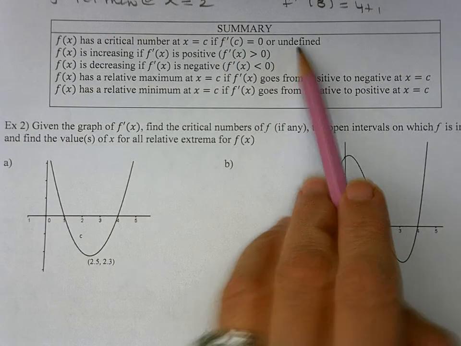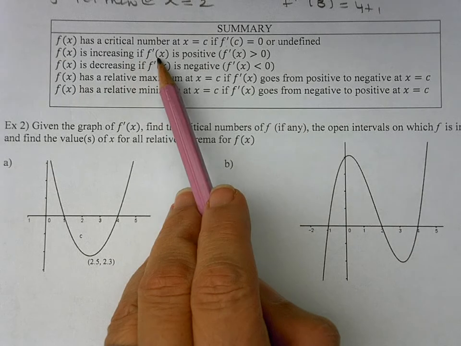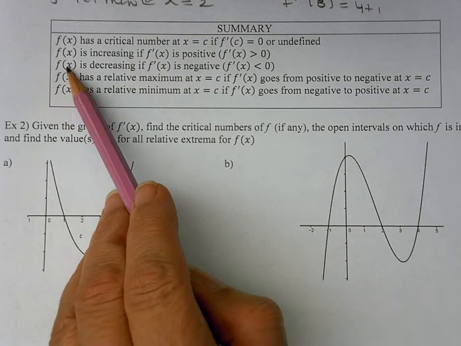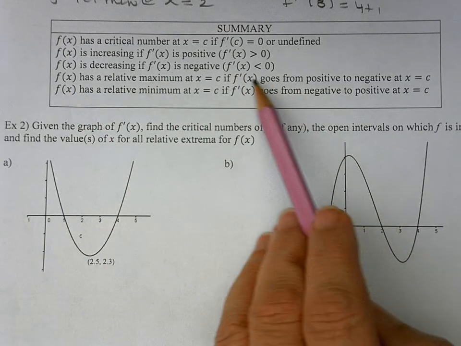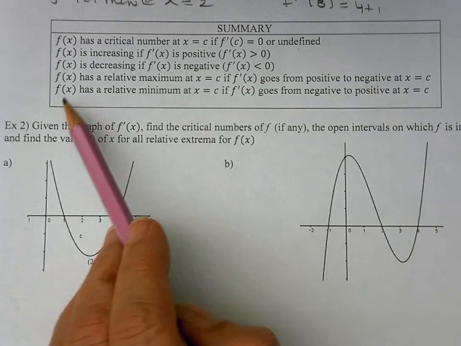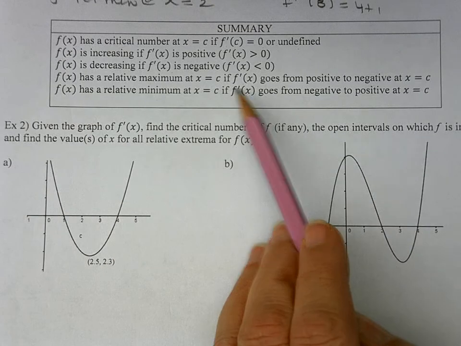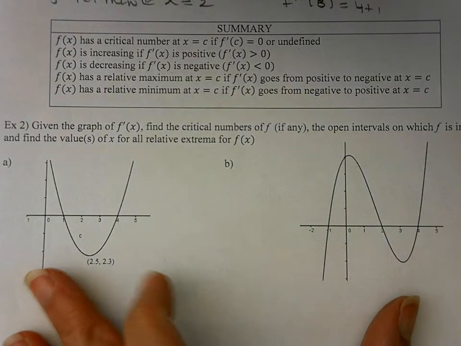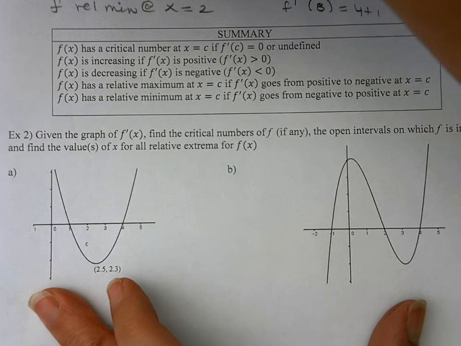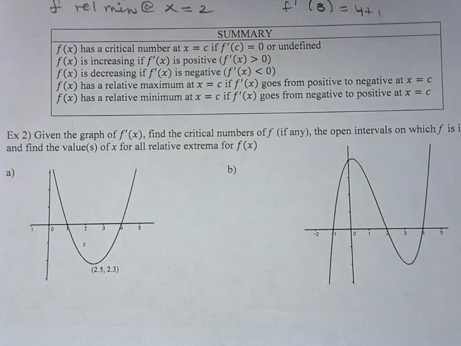F is increasing if your derivative is positive. F is decreasing if your derivative is negative. F has a relative maximum if f prime goes from positive to negative. And f has a relative minimum if f prime goes from negative to positive. So you really need to know these definitions. I would highly suggest you make flashcards or do something to really make those stick in your brain. Super important that those stick in your brain.